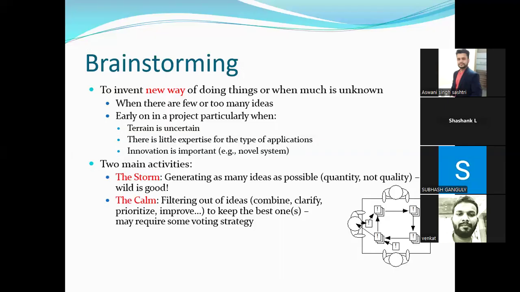Okay. Now, what is happening in the brainstorming? Let me tell you in practical what is happening in brainstorming. So, let me give an example also, guys. When I was working on my project, this is the real example. We are having one application, right?